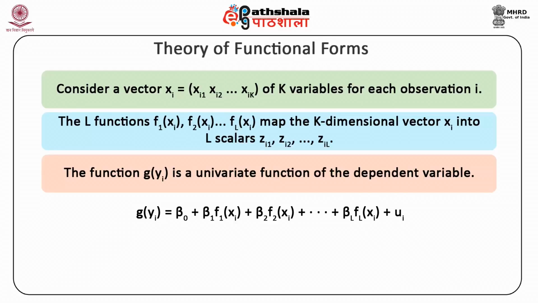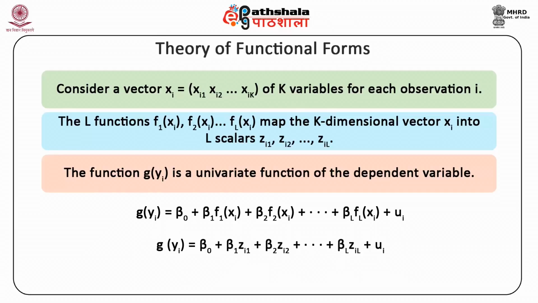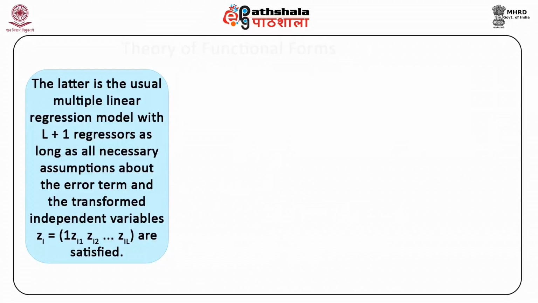This can therefore be written as g(y_i) = beta 0 + beta 1 z_i1 + beta 2 z_i2 and so on up to beta L z_iL + u_i. The latter is the usual multiple regression model with L plus 1 regressors, as long as all necessary assumptions about the error term and the transformed independent variables z_i equal to 1, z_i1, z_i2, ..., z_iL are satisfied.